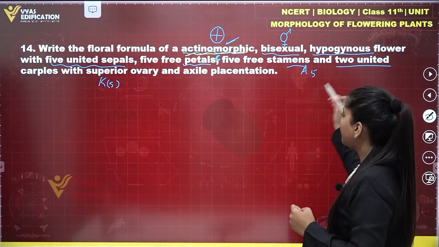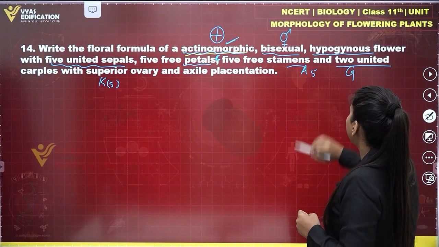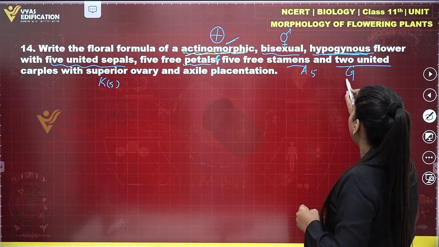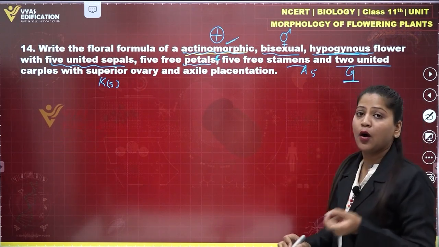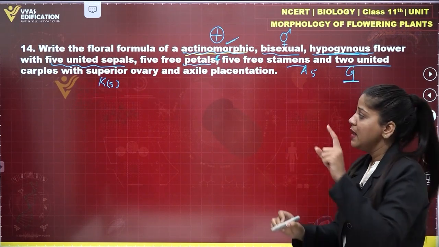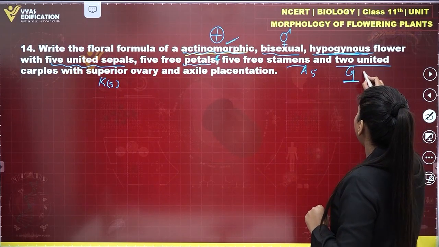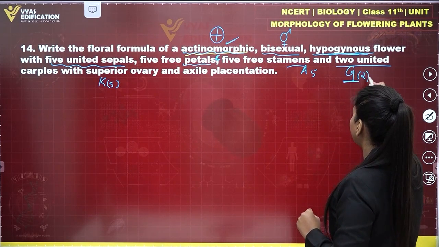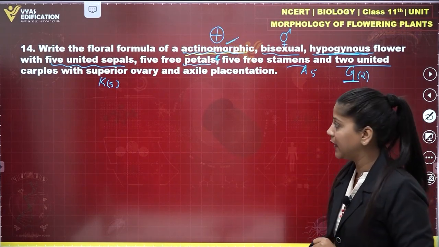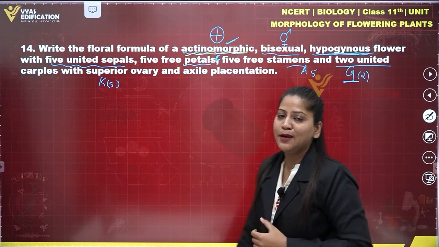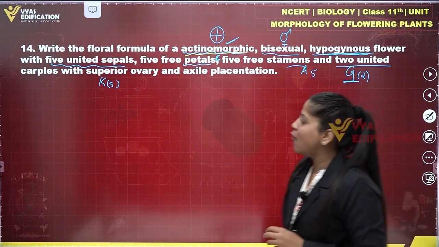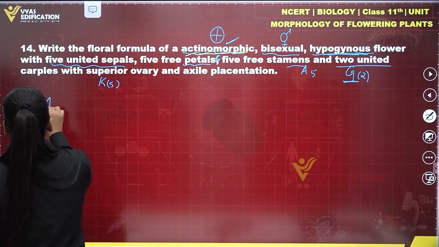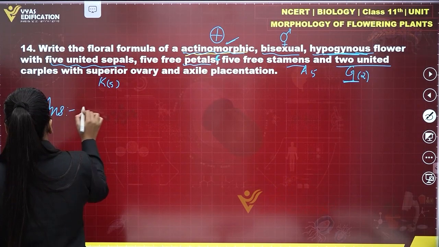The carpels are also denoted by G, and the G is underlined because the ovary is hypogynous. The carpels are 2 in number and united, which is represented as 2 in bracket, along with the axile placentation. So now we are able to write the floral formula.